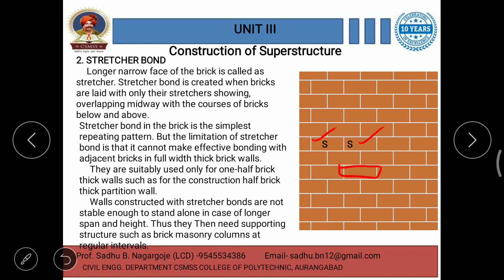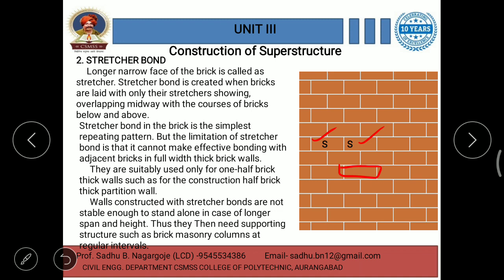Stretcher bond is the simplest repeating pattern, but its limitation is that it cannot make effective bonding with adjacent bricks in full width thick brick walls. This is a disadvantage. It does not make a stronger bond.